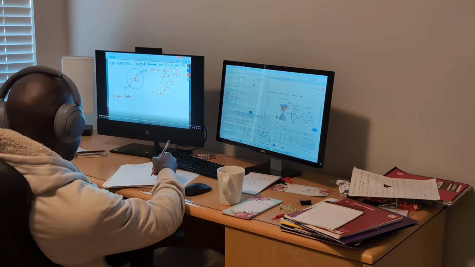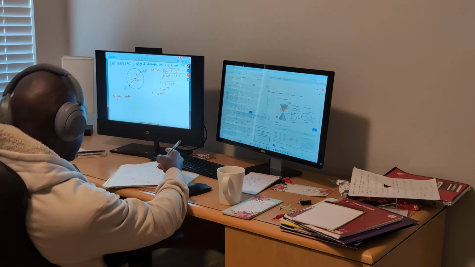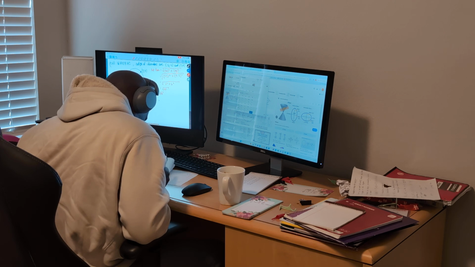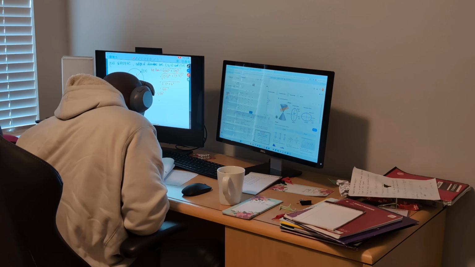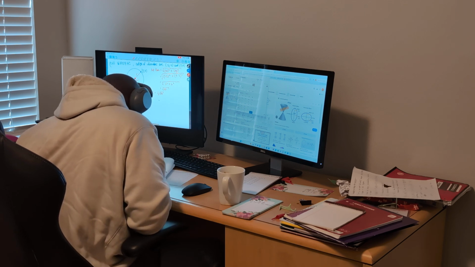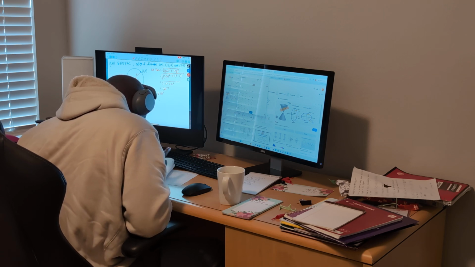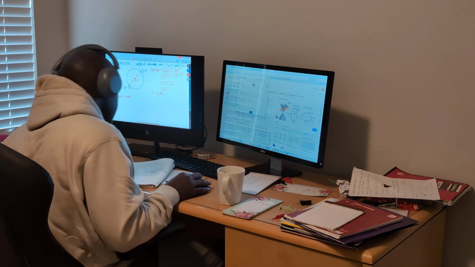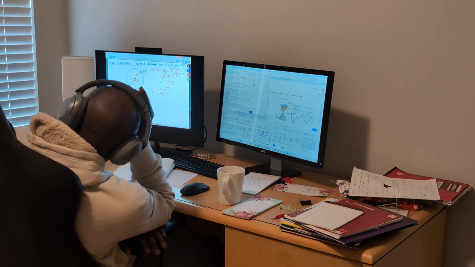The midpoint formula is the average of the x's and the average of the y's.